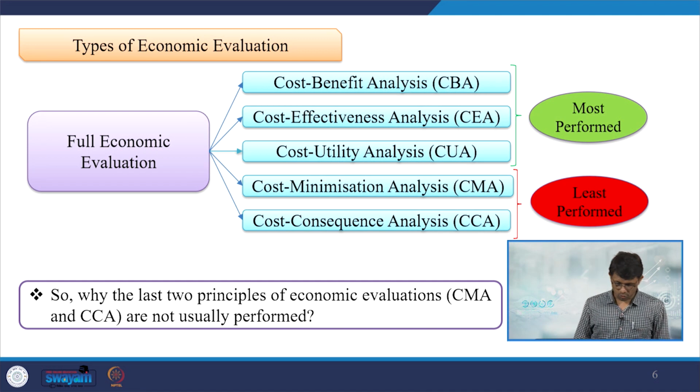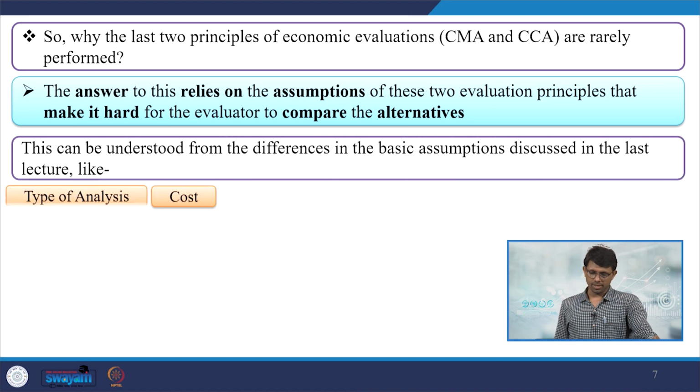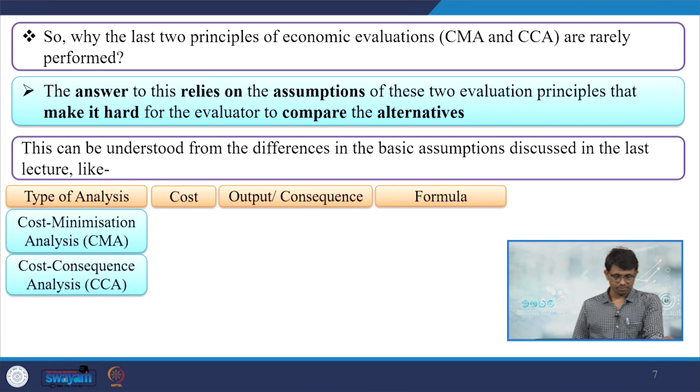Why are the last 2 not usually performed? The simple answer is that the assumptions they take make it hard for the evaluator to compare the alternatives. That is one of the biggest problems of the CMA and CCA approach.